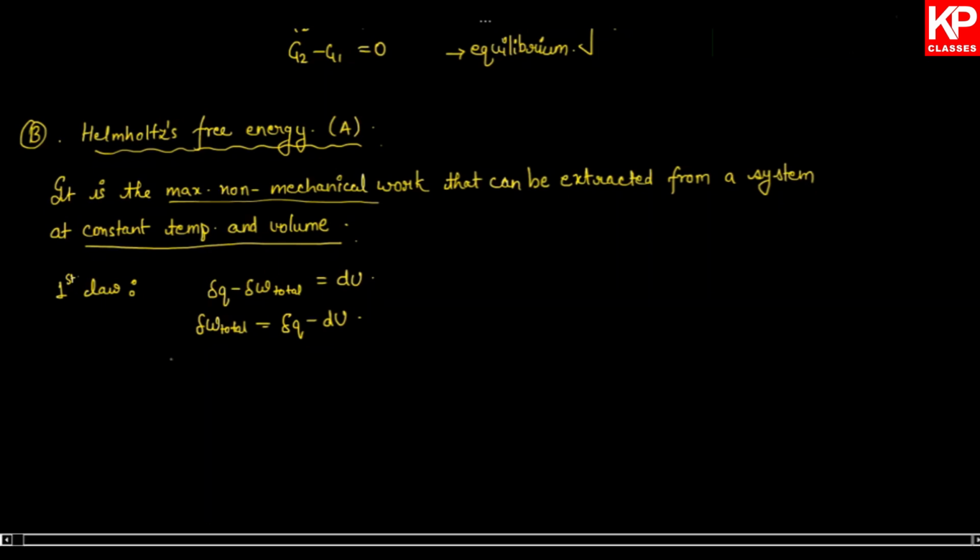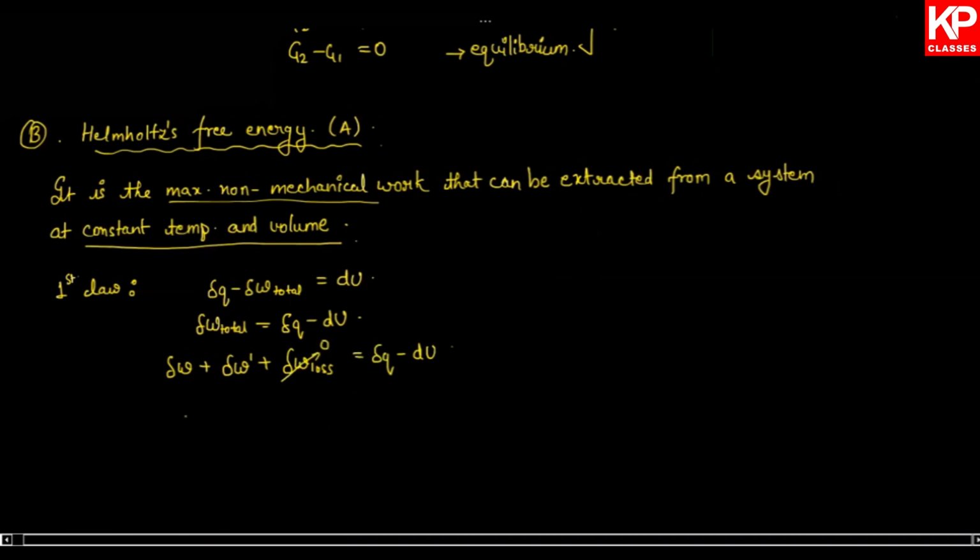So you can write del W plus del W dash plus del W loss gives del Q minus dU. We are considering that there is no loss inside the system, so we are taking del W loss to be equal to 0.